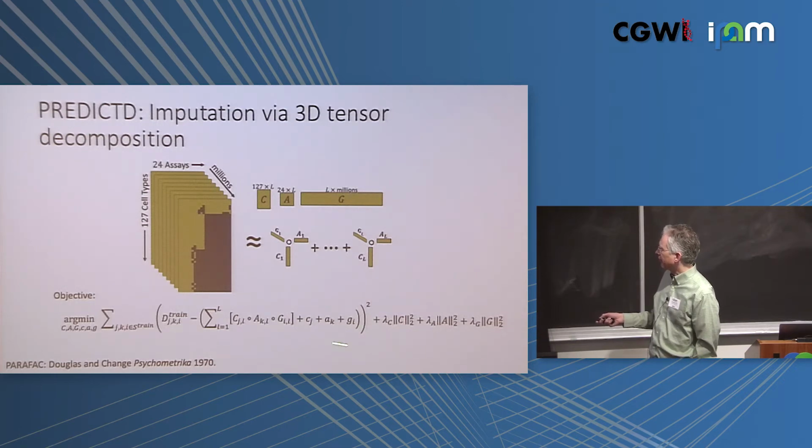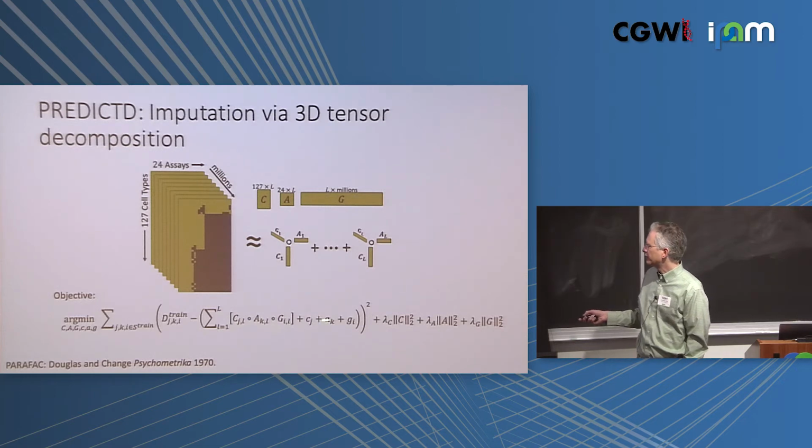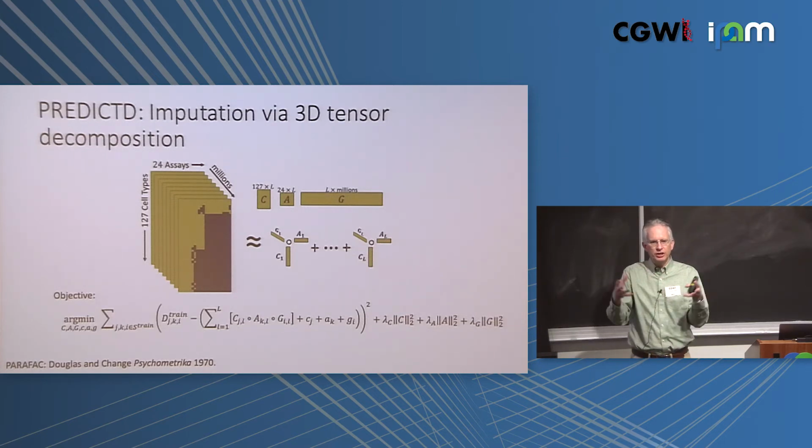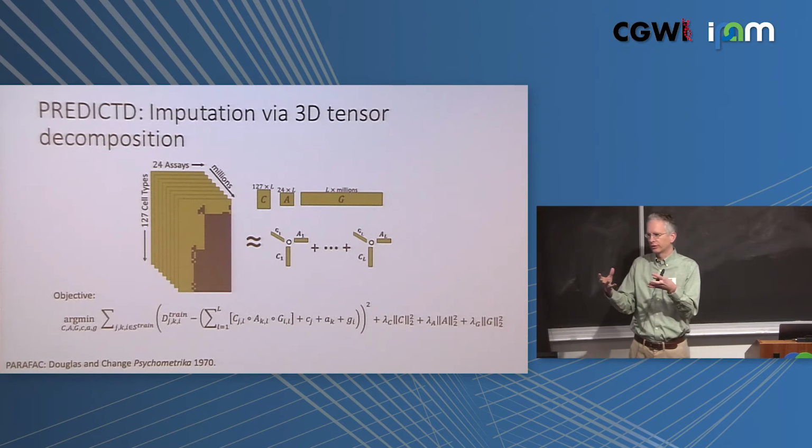This is the optimization, the loss function that we're optimizing. What you have here is essentially the sum of these scalar products here. And you're basically saying, I'm going to look at the mean squared error between the training set values that I'm holding out. So you're doing imputation on some subset of values where you know the answer, but you don't tell the system.